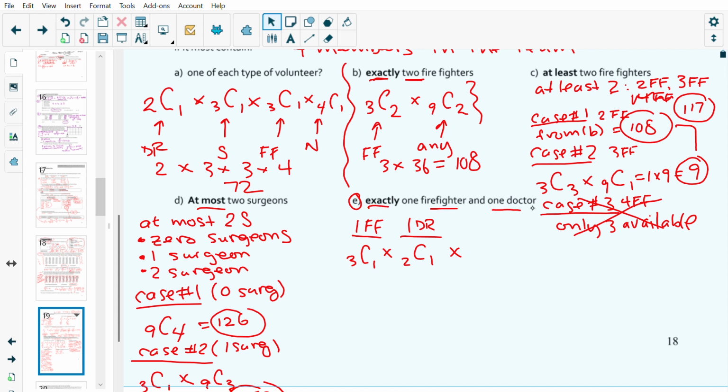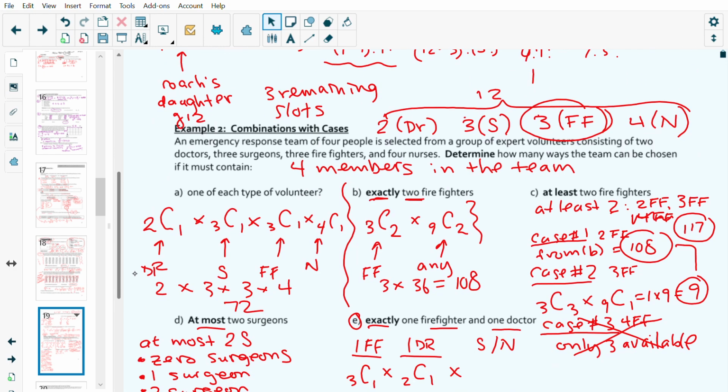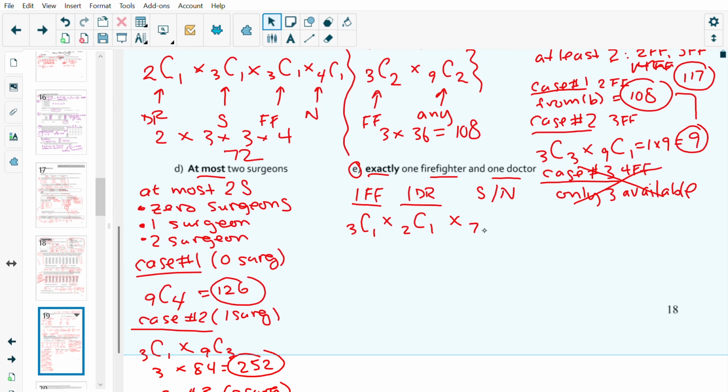And then the remaining: it says exactly 1 firefighter, 1 doctor, right? So I'm just looking at surgeons and nurses. How many surgeons and nurses? 3 plus 4, so I have a pool of 7 to pick from, and I need only 2 more slots filled. So that's 3 times 2 times 21, and that equals 126.